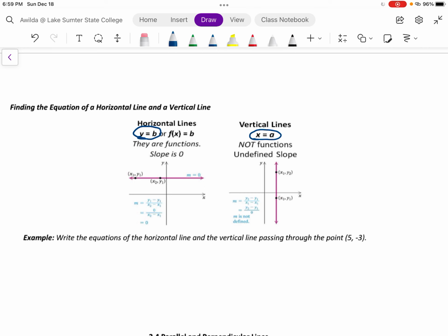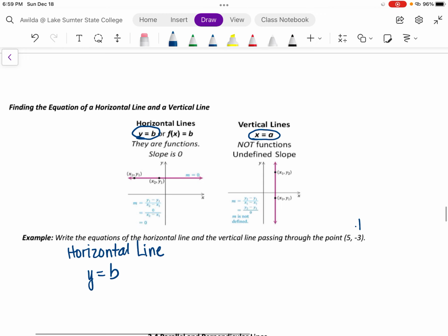Here we're asked to write the equations of the horizontal line and the vertical line that passes through the point 5, -3. So for the horizontal line, we know that its equation has the following form, y equals b. Well, in this case, what must y equal? y must equal -3.